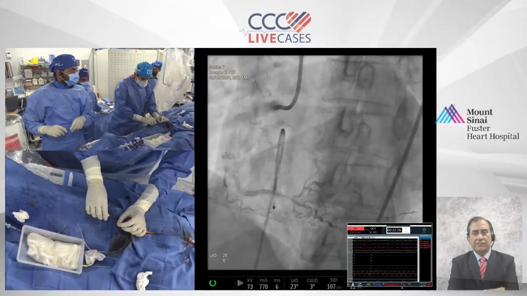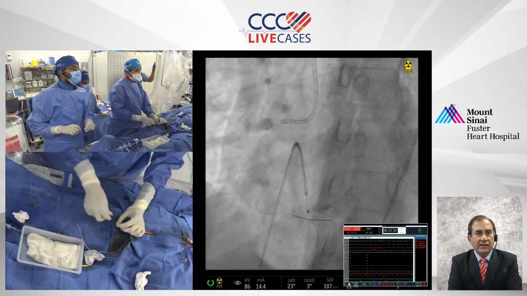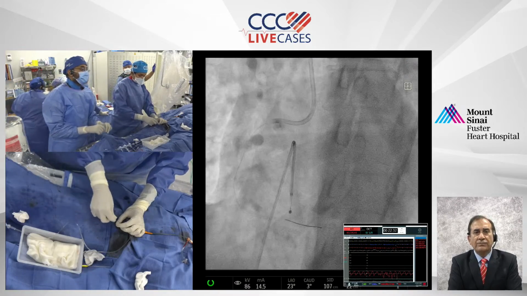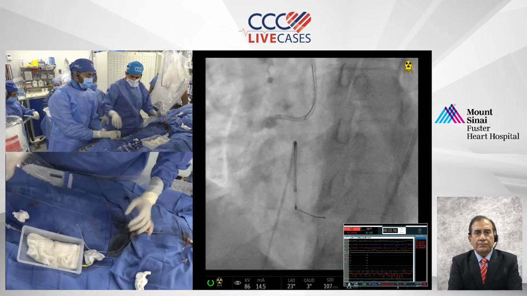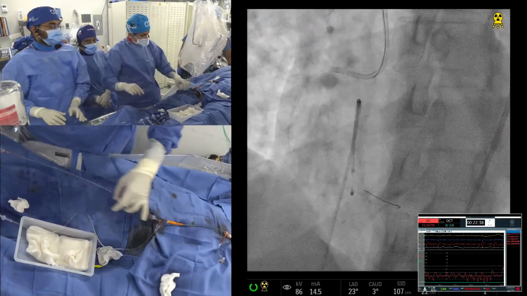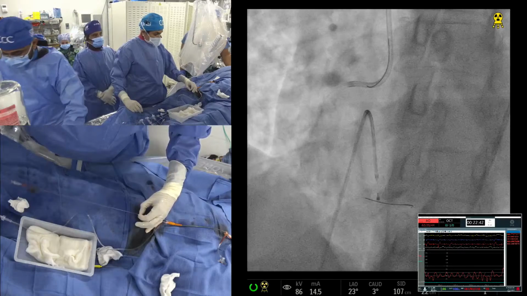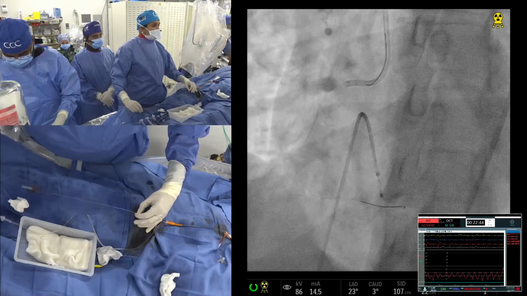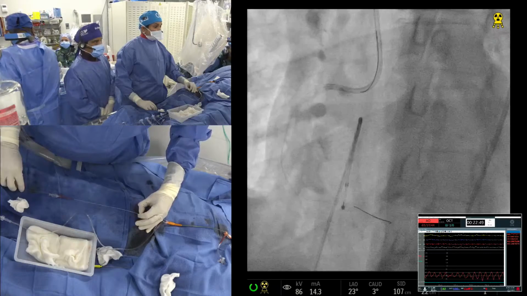Would it be a plausible strategy that after the proximal lesion is done, use physiology to guide you? That's a possibility, yeah. So that's another way to answer that question. It is significant disease, that's for sure, but very complex.